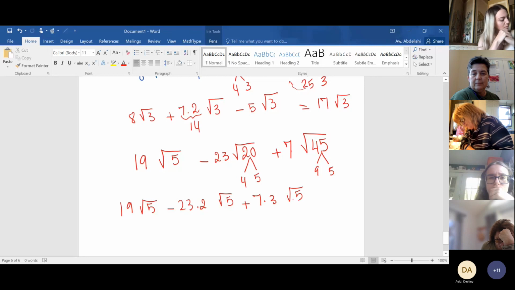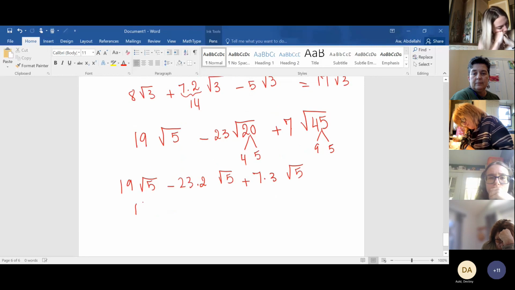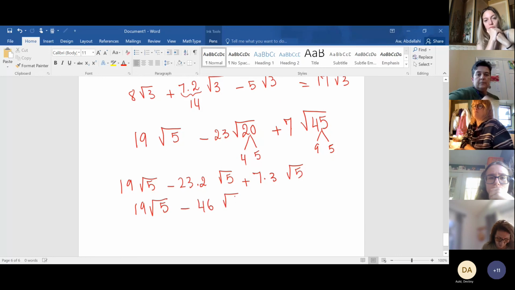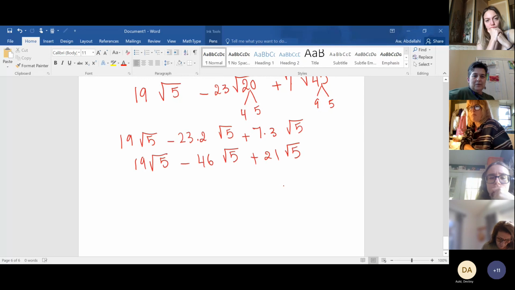So we get 19 root of 5 minus 46 root of 5. Somebody, you can mute yourself. 21 root of 5, right? So it's going to be 40, and then minus 46 is going to be -6 root of 5.